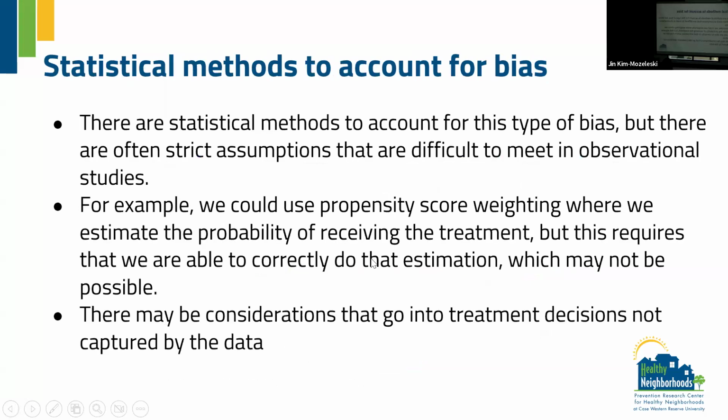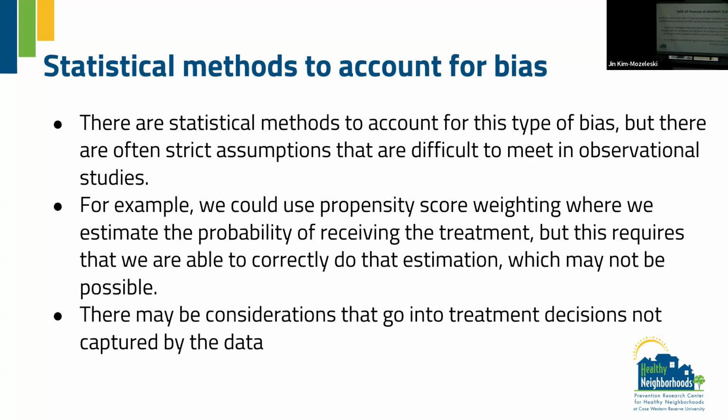Because I'm a statistician, there are some slides with some statistical methods that I snuck in here. So there are methods to account for this type of bias that can occur, so confounding, but there are usually really strict assumptions that have to be met in order for those methods to be valid. We can use propensity score weighting, if you're familiar with that.